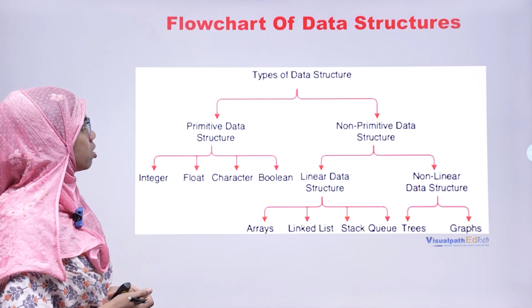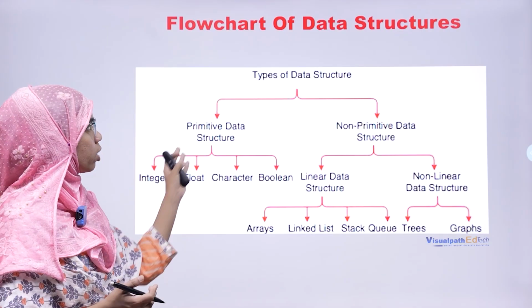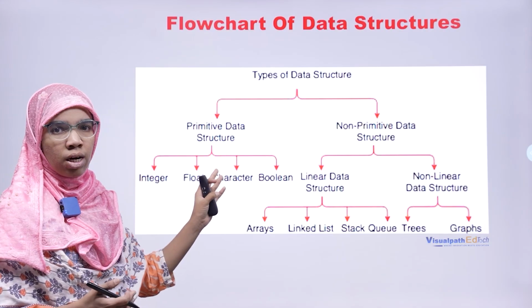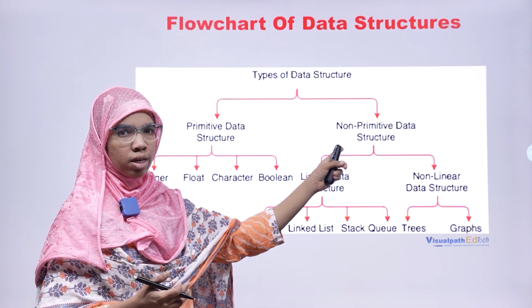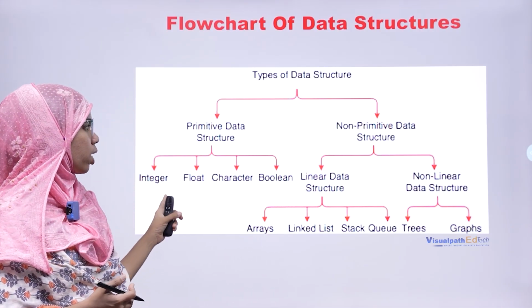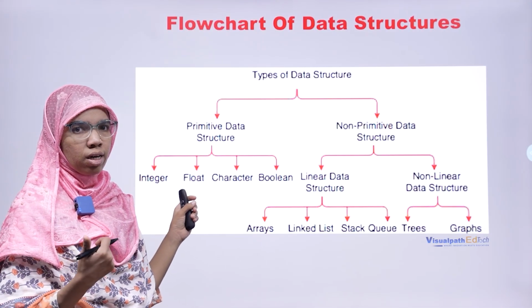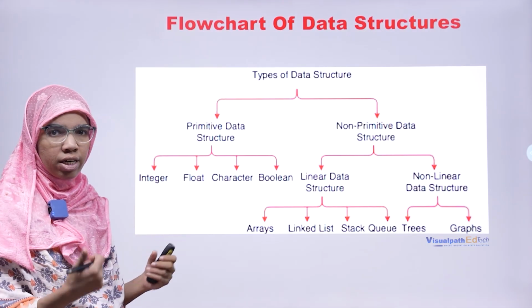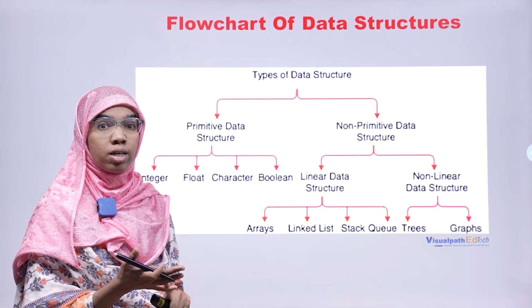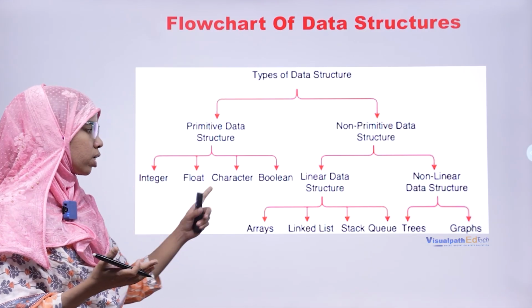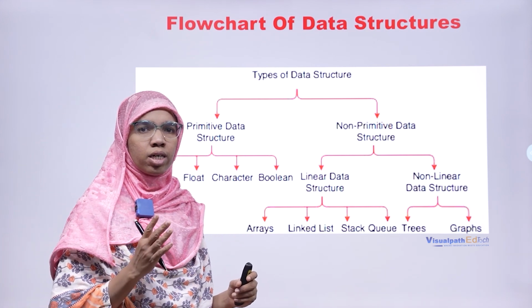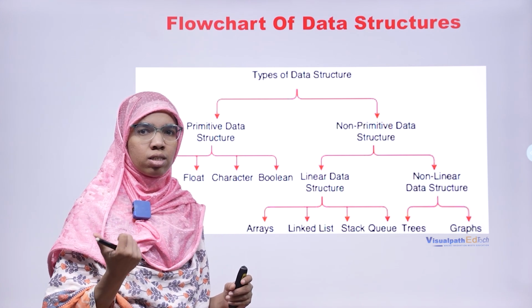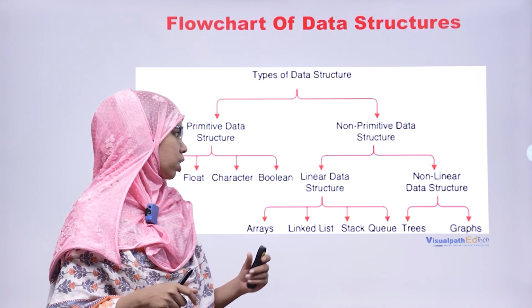If you see, this is the flow chart of the data structure, various types. Data types is subdivided into primitive data structure and non-primitive data structure. In the primitive, you have the types of data like the integer data, floating point, which is nothing but the decimal values that we are storing, individual characters, or Boolean data that is going to represent the data in two forms, either the true case or the false case.